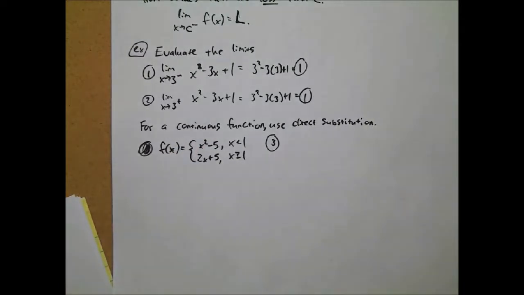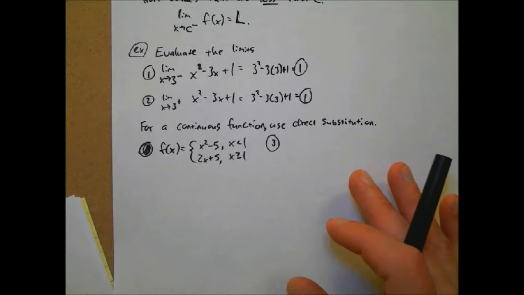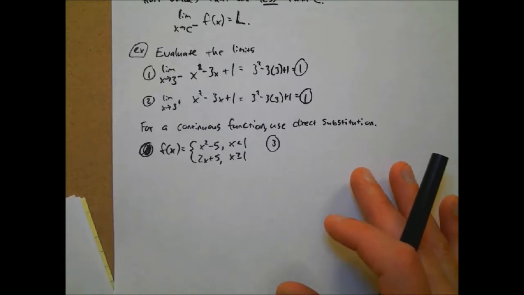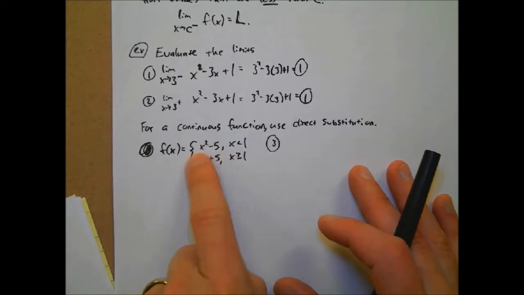Since it's not continuous at 1, if we're trying to evaluate limits around 1, or as we approach 1, we probably shouldn't use direct substitution, or at least we'll have to be careful. Now, if I was trying to find the limit as x approaches -10, that would be for this top piece, because my x value is less than 1.